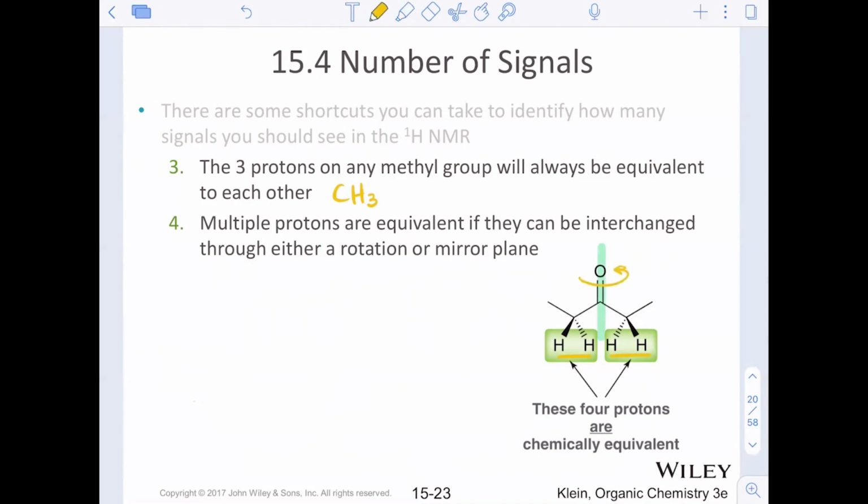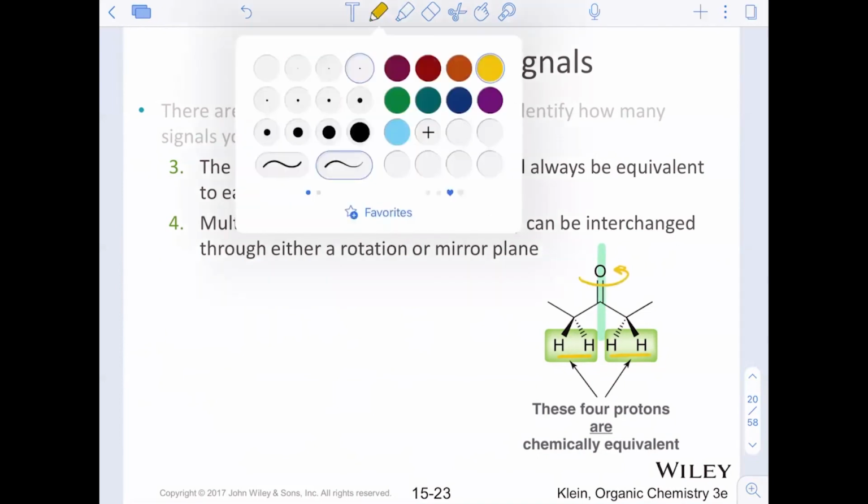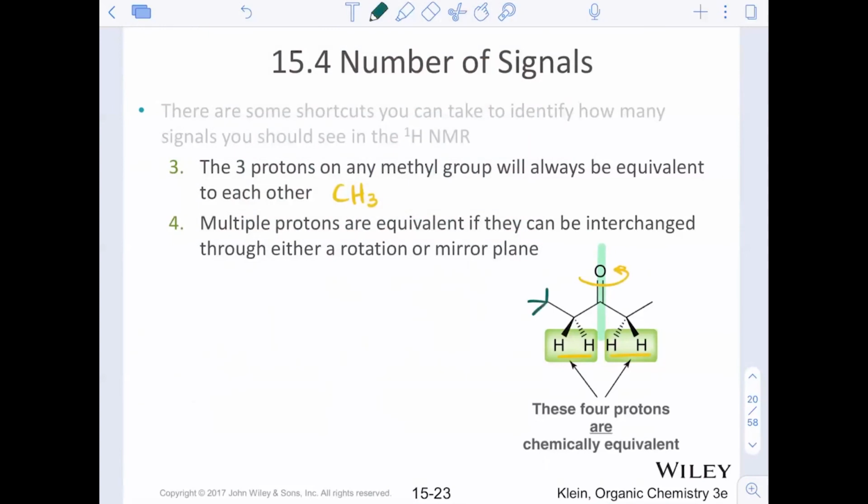So we will see these 4 protons as chemically equivalent. Also, these 3 protons are chemically equivalent to each other, as well as the 3 protons on the other side. So this compound, we would see 2 signals. One set of signals for the inner hydrogens, the CH2 groups, and the other signal for the CH3 groups.